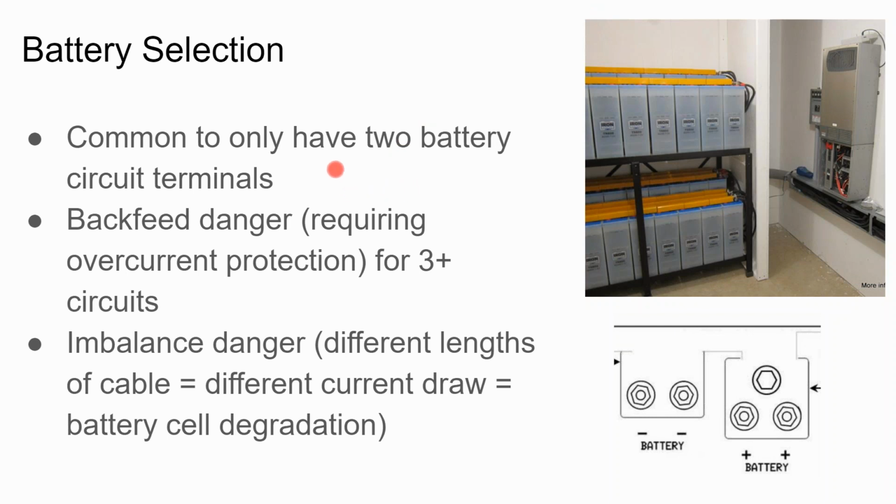So when you have 3 circuits coming into the same terminal block, you have to fuse them. You don't have to fuse them if you have 2. And with 1, you wouldn't either. But with 1, you get into that upper limit of how many kilowatt hours you can fit on a given circuit.